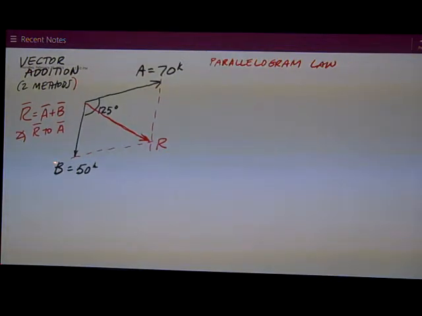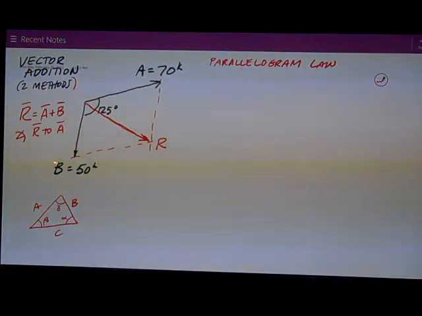Now I want to use what I call the universal triangle, which is this generalized triangle where the sides are lengths A, B, and C, and the angles opposite them are alpha, beta, and gamma, or some other designation.